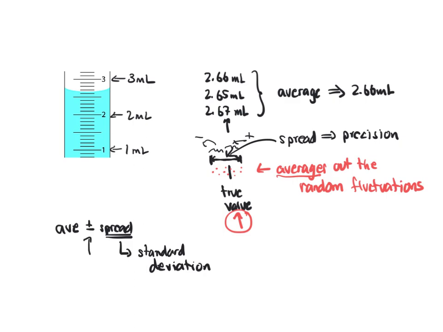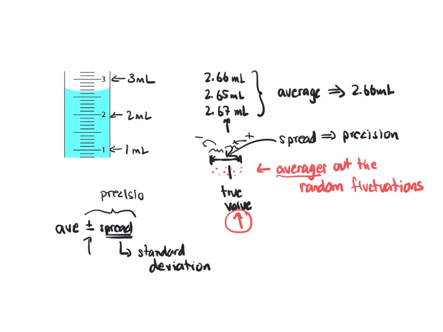So plus minus tells me that if I subtract the half of the spread, I will get the lowest value that I actually measured. And if I add half of the spread, I will get the highest value that I actually measured. So this plus minus part tells us about precision.